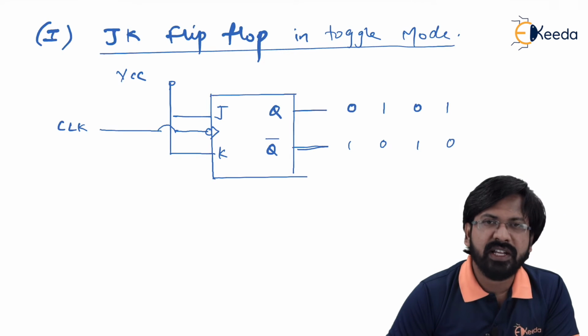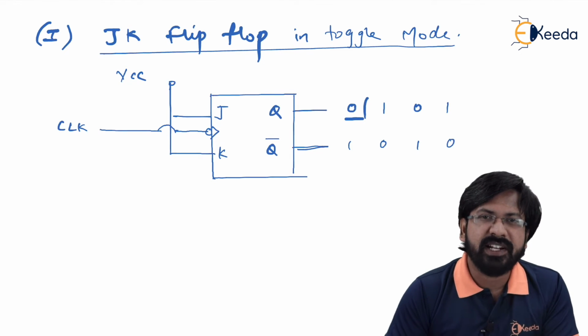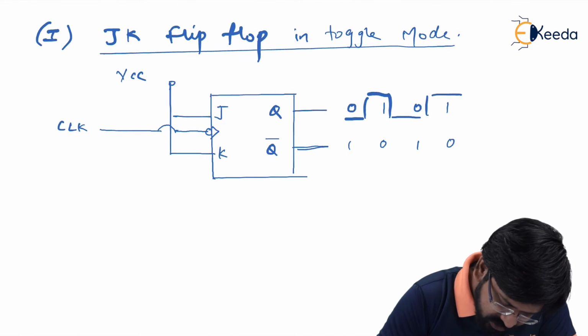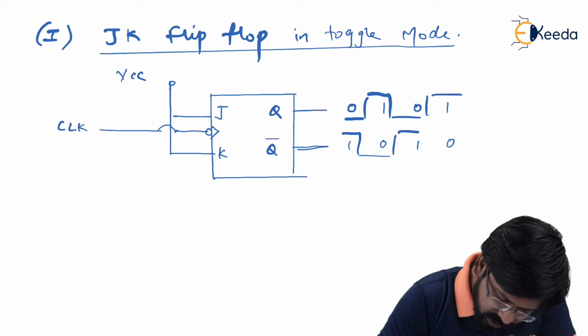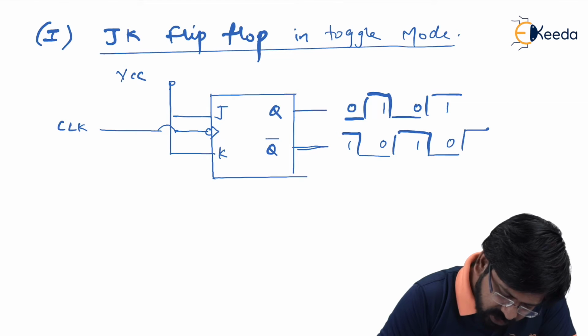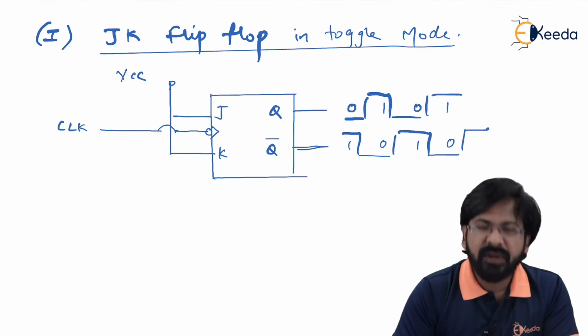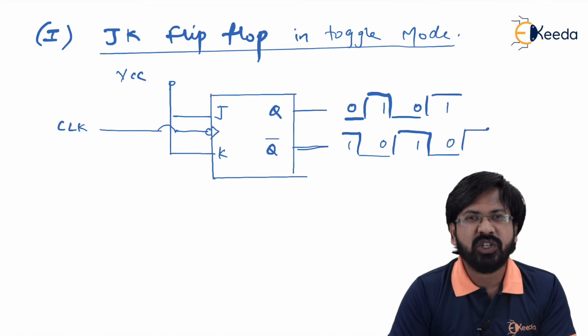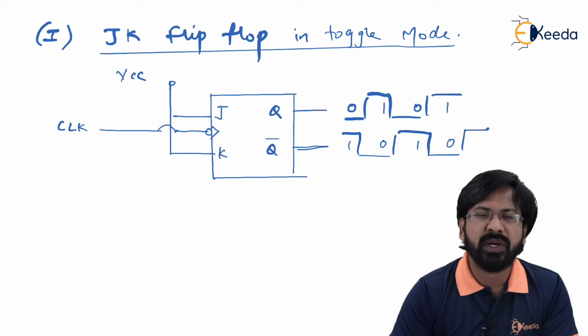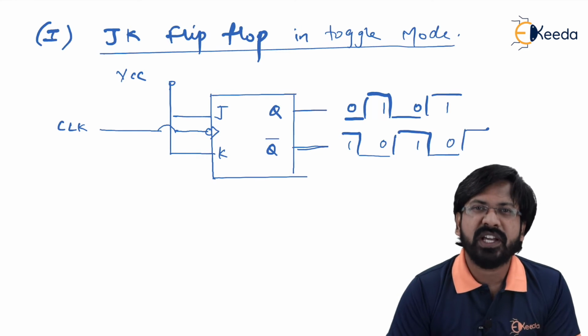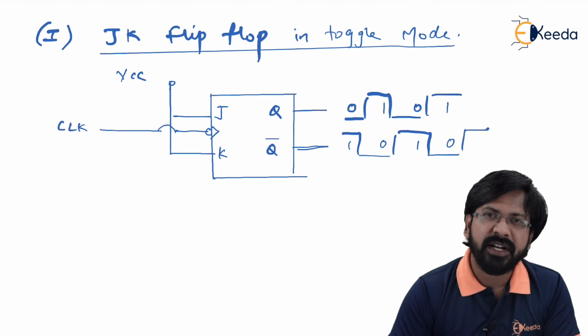So this keeps on toggling, keeps on complementing itself, right? So if I plot this 0 1 0 1 as well as this 1 0 1 0, as you can see, it is generating square waves at output, not only at Q but at Q bar also. And the relation between the square waves of Q and Q bar is that they are complement of each other, being the nature of Q and Q bar, right?